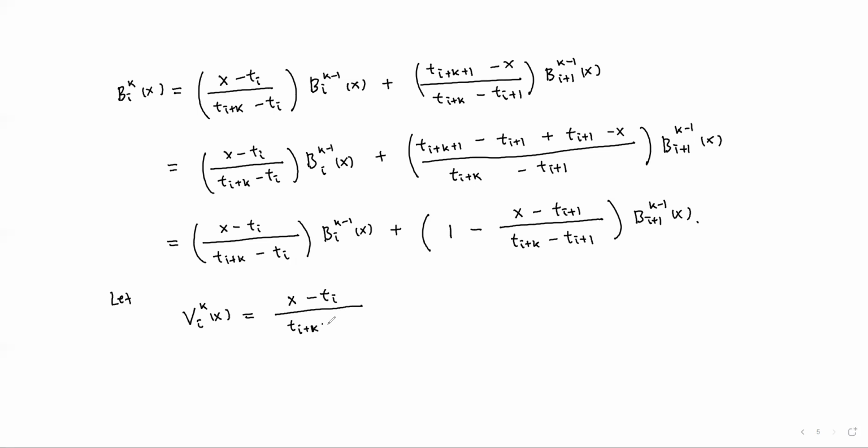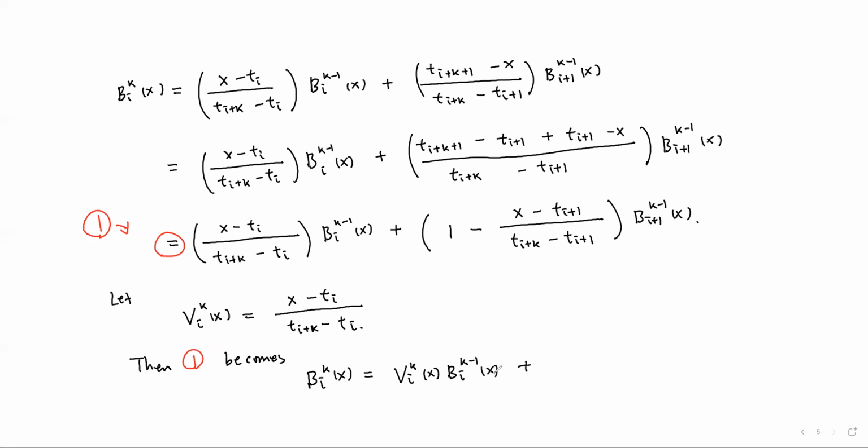Let me call this equation 1. Then equation 1 becomes, this is the definition of BIK. Then BIK is equal to VIK x BIK minus 1 x, plus 1 minus, let me see.